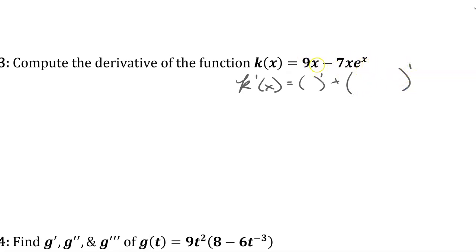So the derivative of 9x is easy. That's 9. But the derivative of 7x e to the x, this we would need our product rule for.